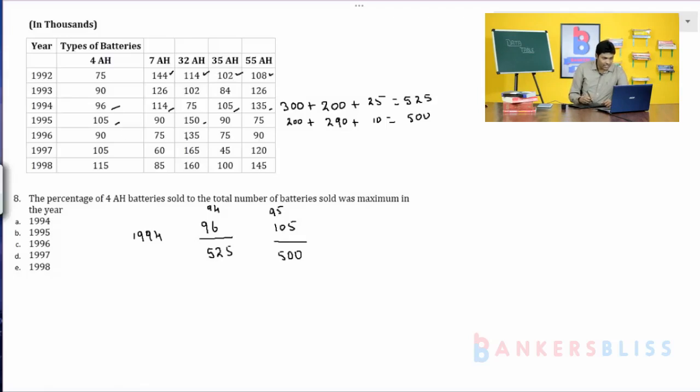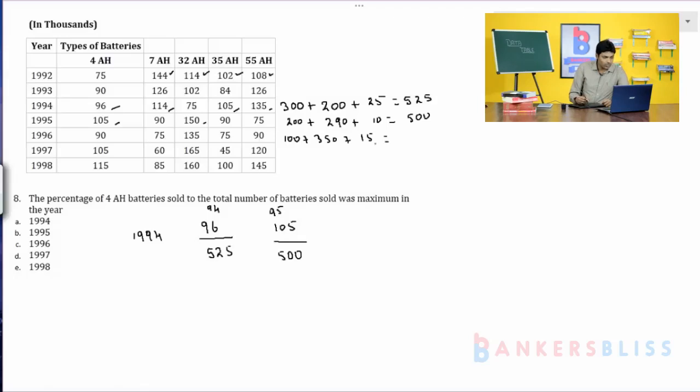You have only 135. You take 100 here. 100 plus next 90 plus 70. So 90 plus 70, 160. So 160 plus 30, 190, 190 plus 70, 260, 260 plus 90, 350, 350 plus, see here next 5 plus 5, 10, 10 plus 5, 15.